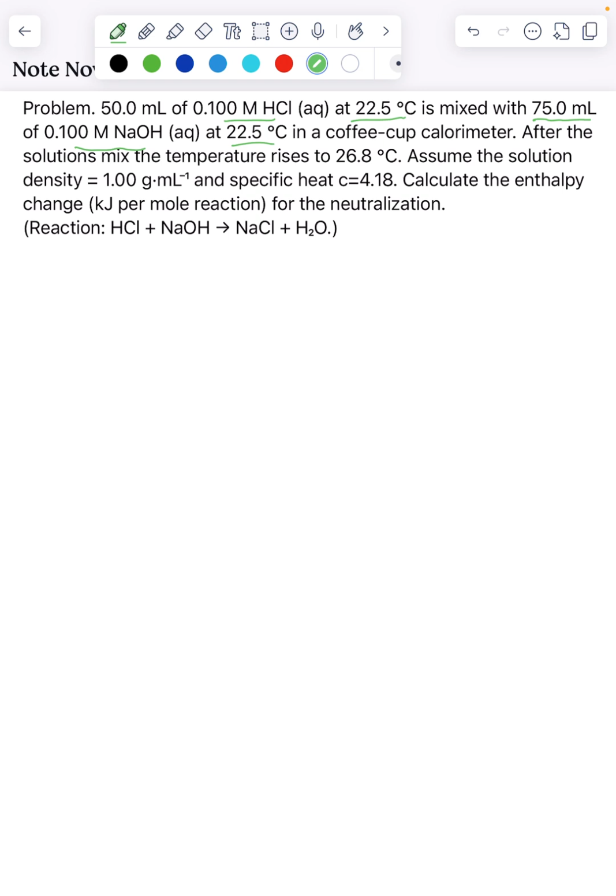After the solutions mix, the temperature rises to 26.8. Assume the solution density is 1.0 and the specific heat is 4.18. Calculate the enthalpy change, in kJ per mole of reaction, for neutralization. And then the reaction is right there.